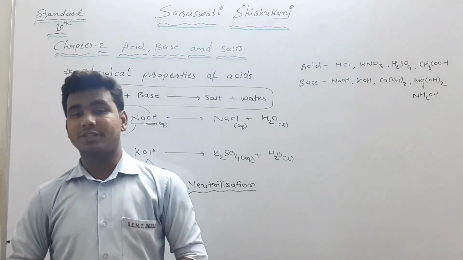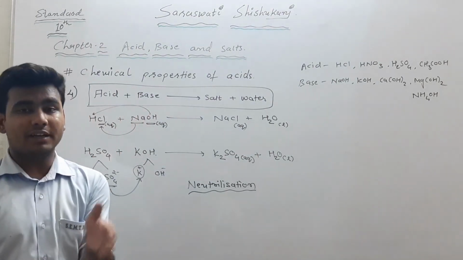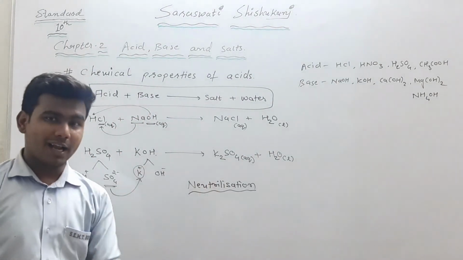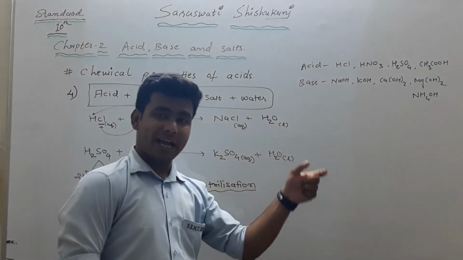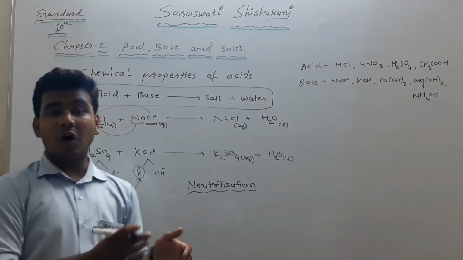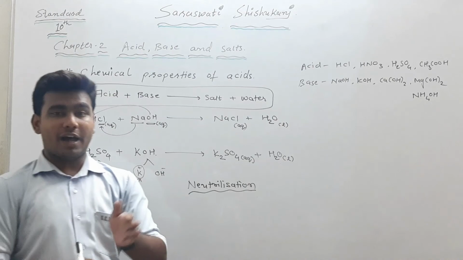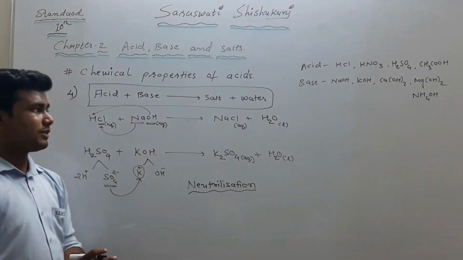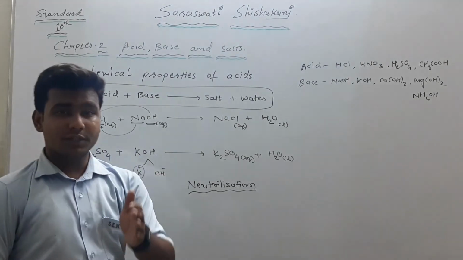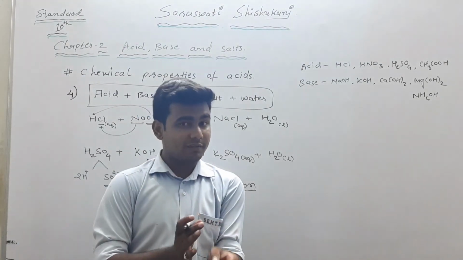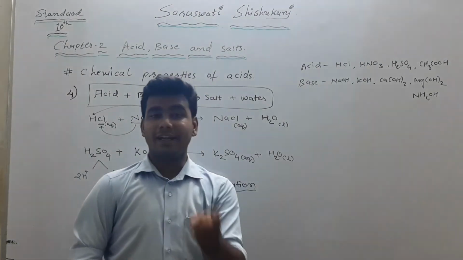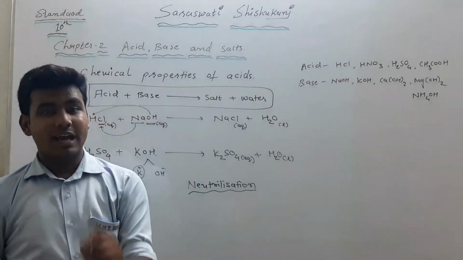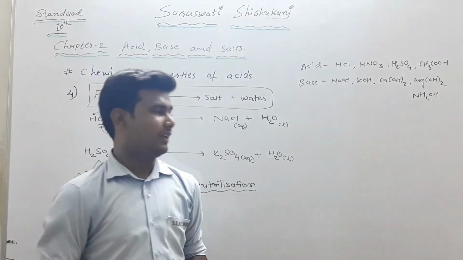Third, acid reacts with metal carbonate or metal bicarbonate to give salt, carbon dioxide and water, and we have also done the test of carbon dioxide. And fourth, acid reacts with base to give salt and water, and from this we can also conclude that metal oxides are basic in nature.